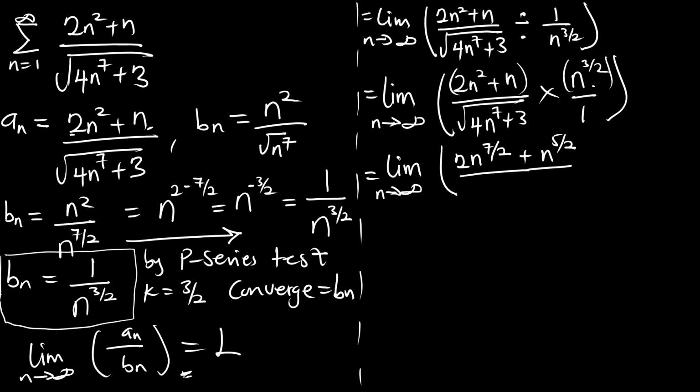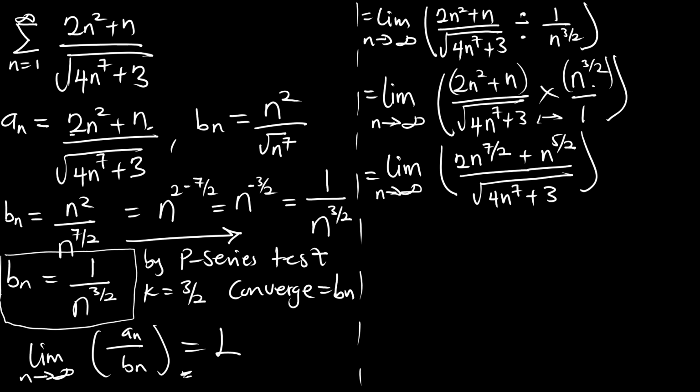Everything is going to be divided by this, multiplying one is going to be the same thing, 4n to the power 7 plus 3. Now we have this. What do we do? Just like finding limits, we have to divide each term by a particular expression, so that we can cancel some of them out.